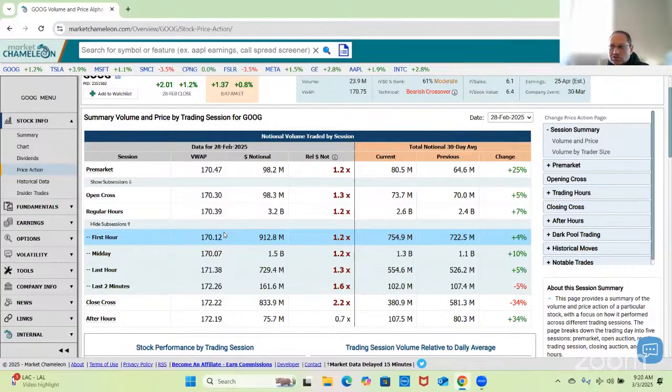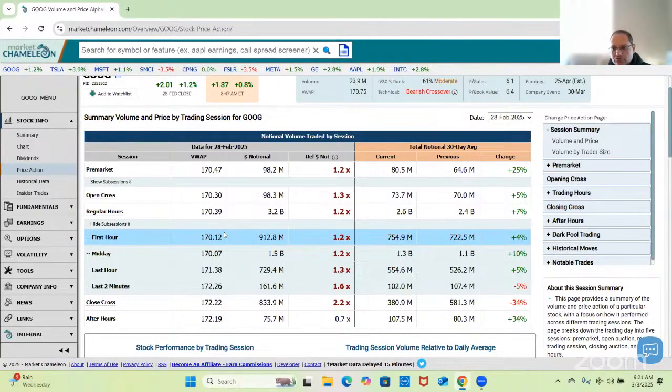What you usually see is that the first hour is busier, more volume than, let's say, the second hour, third hour of trading.